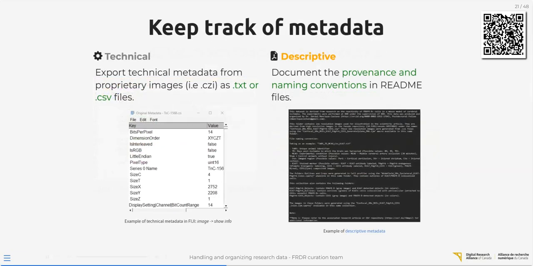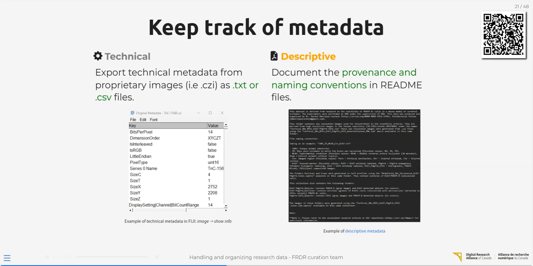When working with research images, it's crucial to keep track of two types of metadata: technical and descriptive. Technical metadata includes acquisition details like pixel dimensions, number of channels, and image depth. In Fiji, you can easily export this information from proprietary files like .xi into .txt or .csv files, and even batch export it from multiple images.